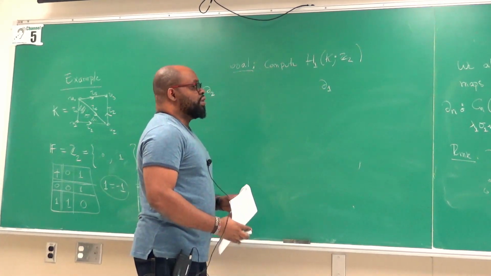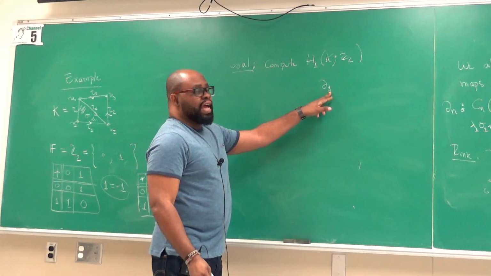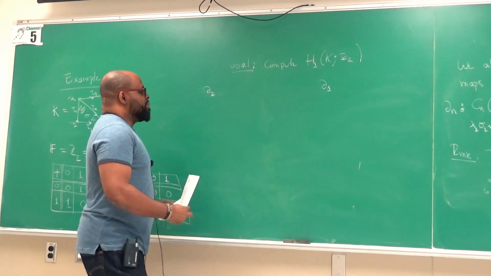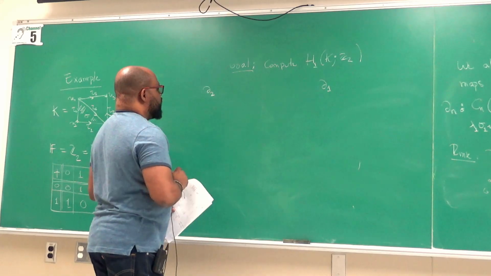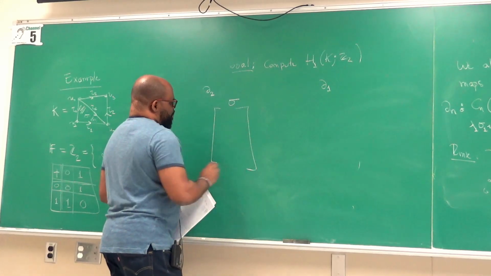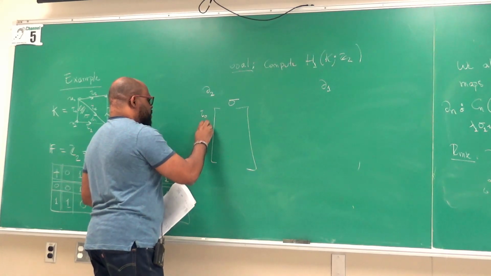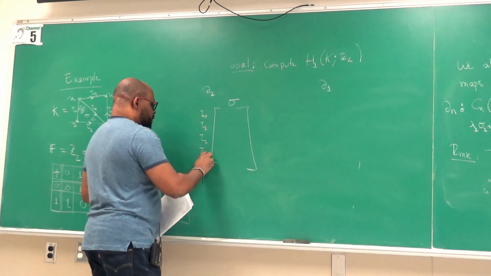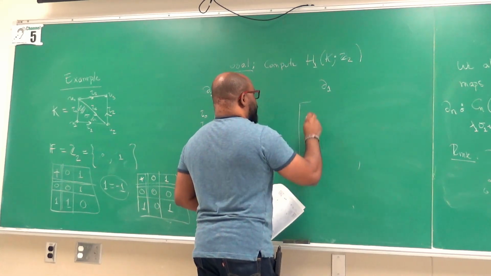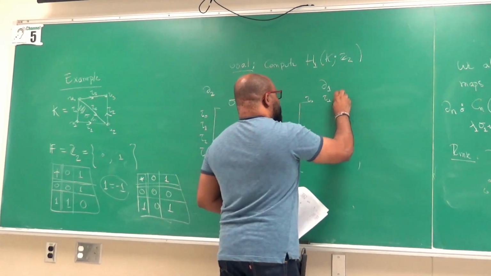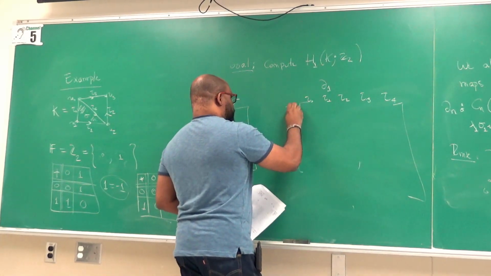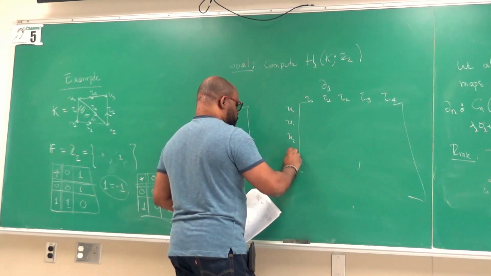Because we care about the kernel of this one, meaning the cycles, and we care about the image of this one, meaning the boundaries. Okay, so I'm going to use the bases given by the simplices. So here is sigma, and I have tau 0, tau 1, tau 2, and tau 3. And here in delta 1, I have tau 0, tau 1, tau 2, 3, and 4. And then here I have U0, U1, U2, and U3.